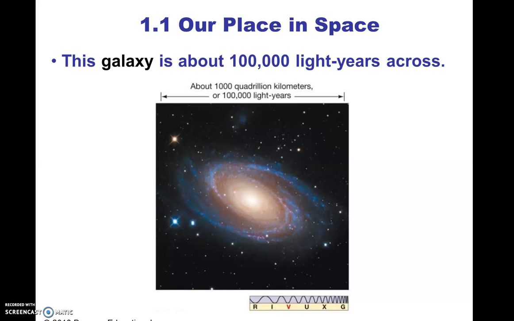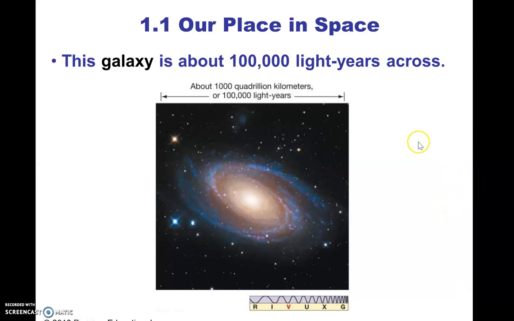We can't actually see our entire galaxy because we're a part of it. So what we do is we look at other galaxies and compare the mass of our galaxy to the mass of other galaxies, and then we make a good scientific estimate of the number of stars in our galaxy.